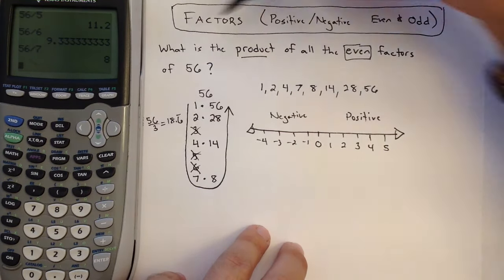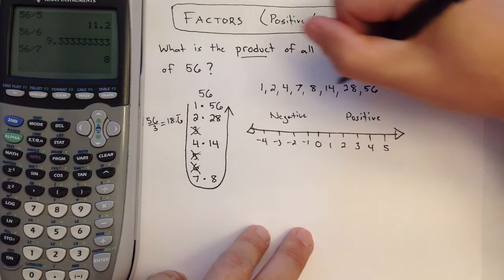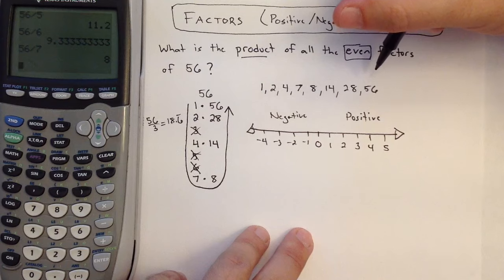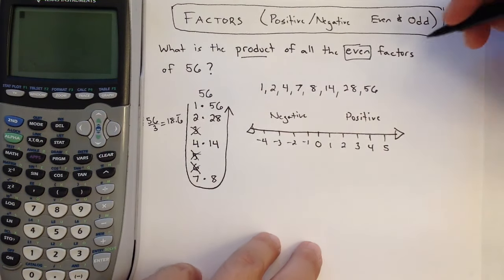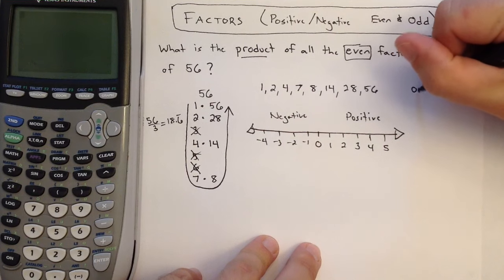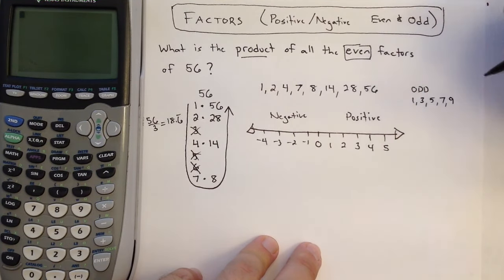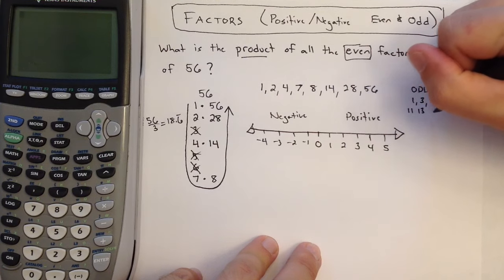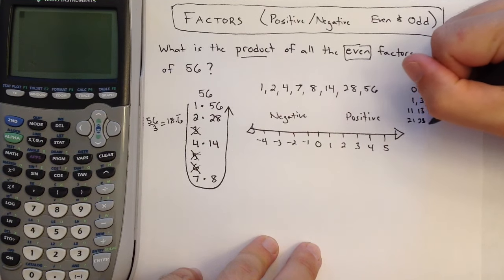In this case, they wanted to know what's the product of all the even factors. Well, this is all of the factors, but which ones are even and which ones are odd? To determine that, odd numbers are numbers like 1, 3, 5, 7, 9, 11, 13, 15, 17, 19, 21, 23, this list keeps going.